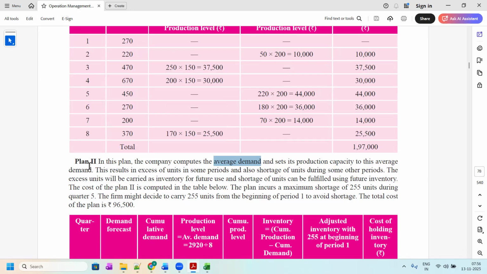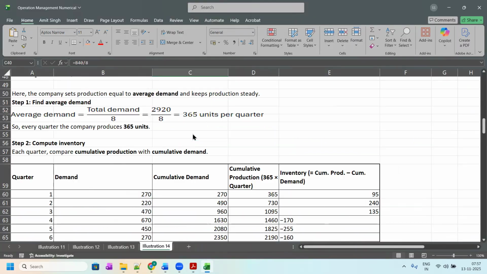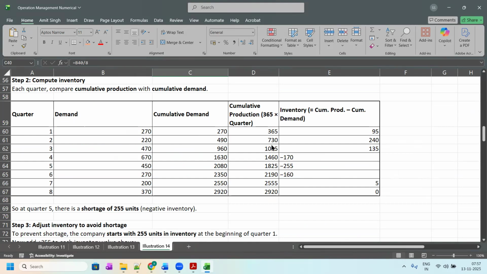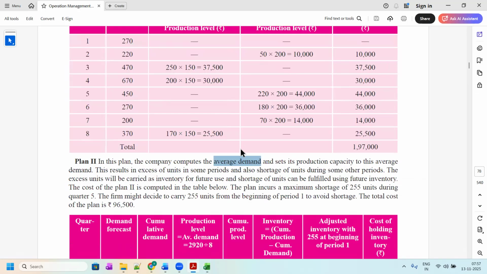This will result in excess units in some periods, because you planned 365 units, but the actual demand is only 270 units or 220 units.